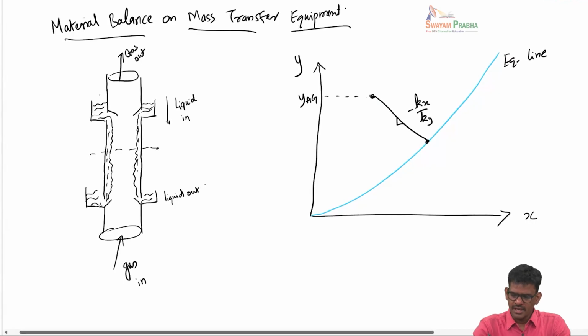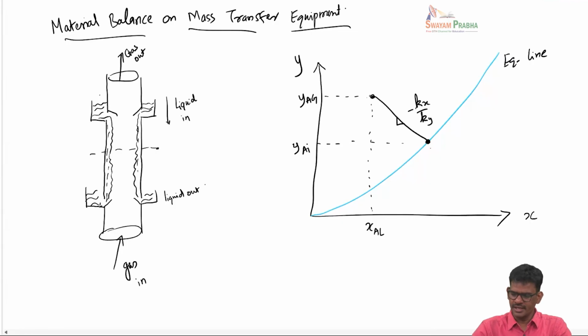This YAG is the bulk gas composition and XAL is the composition in the liquid, and there are corresponding interfacial concentrations. This is YAI, this is XAI.